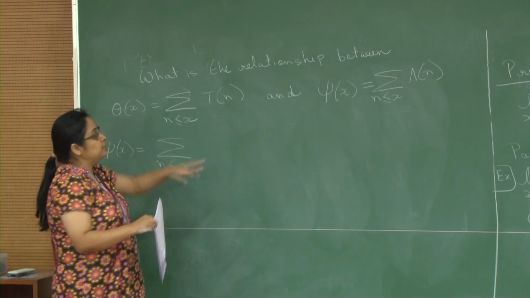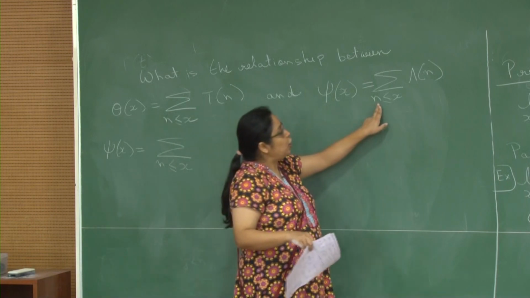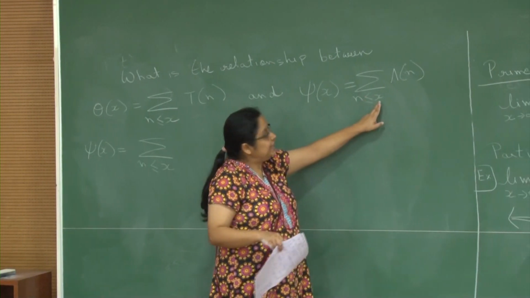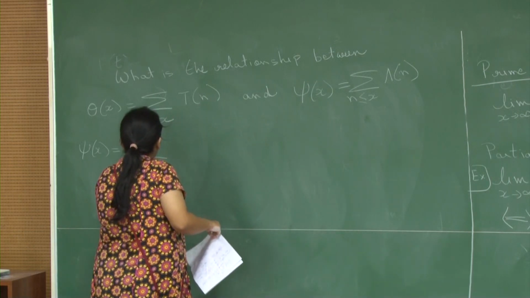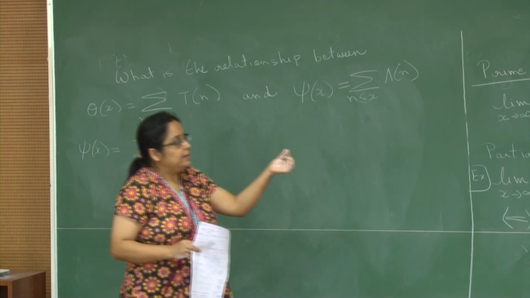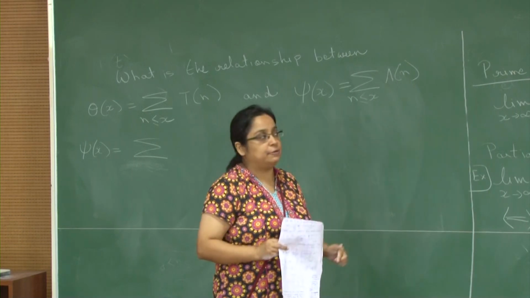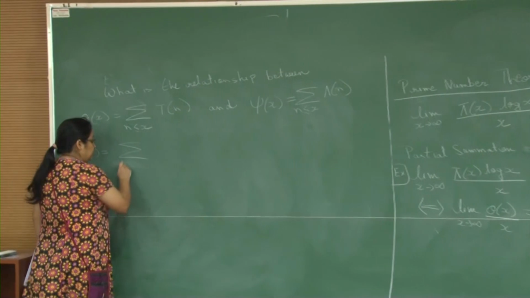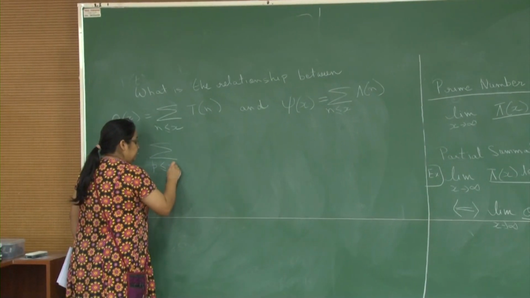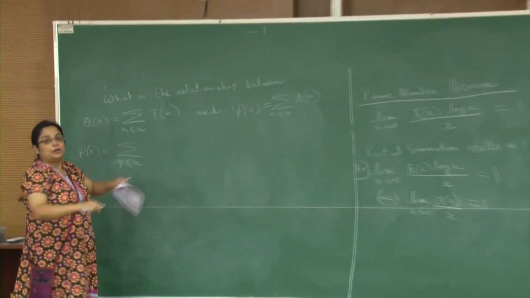Since this is capturing non-zero values only at prime powers, we do two things. Prime powers could be primes as well as higher powers of primes. So, first let us just write down the primes. Distribute this sum into two smaller sums.